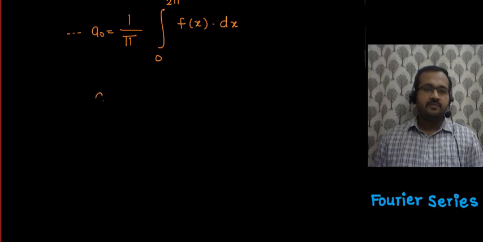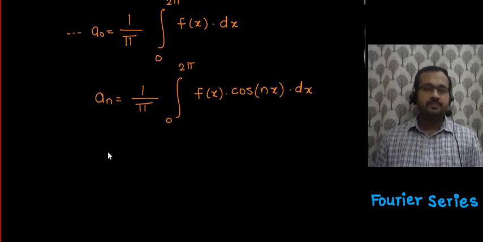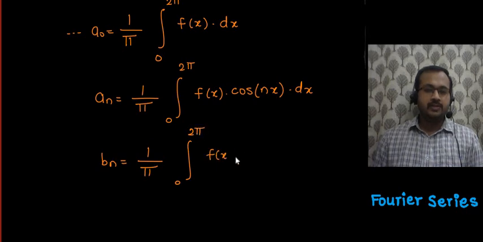Then we can find the value for an in the same fashion: 1 upon pi integration in the range 0 to 2 pi, of the function f of x multiplied by cos nx into dx. bn is equal to 1 upon pi integration 0 to 2 pi f of x into sin nx dx.